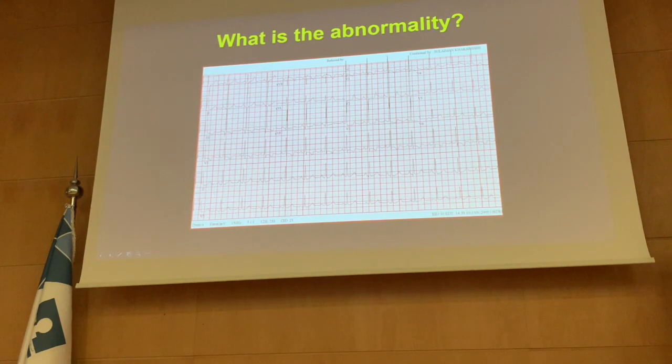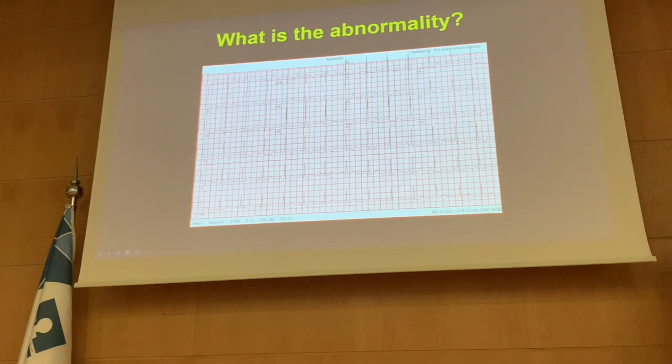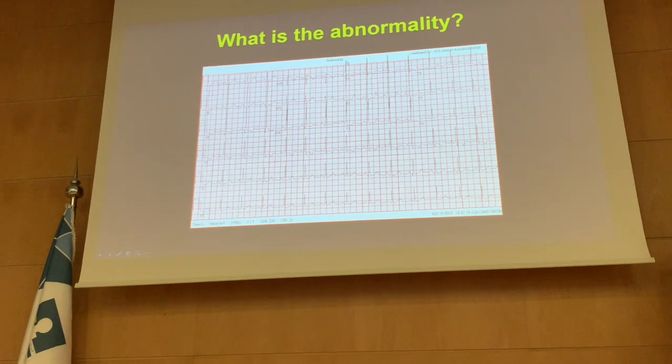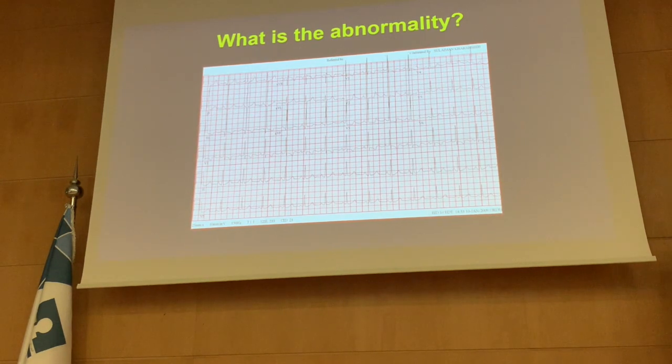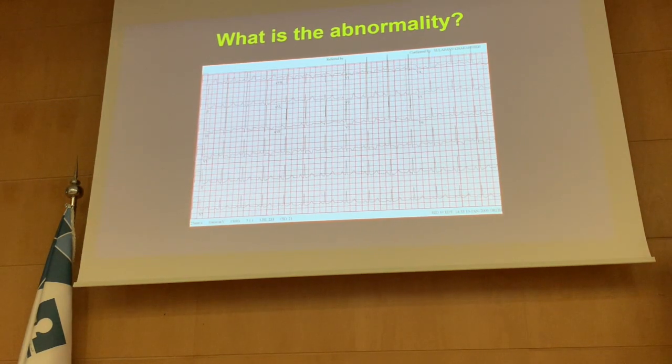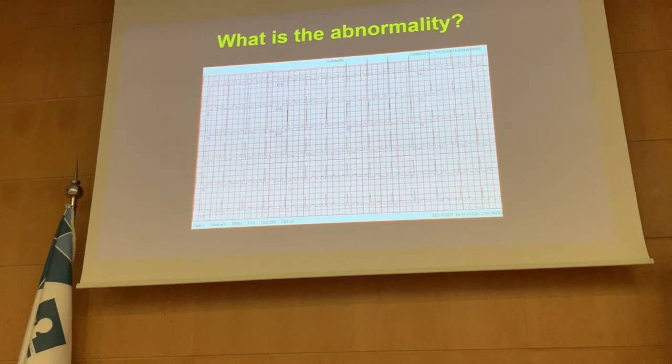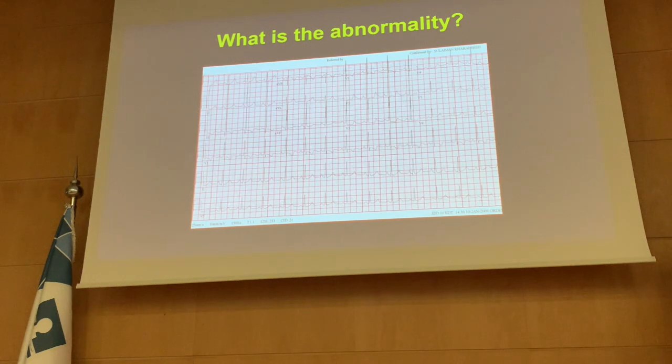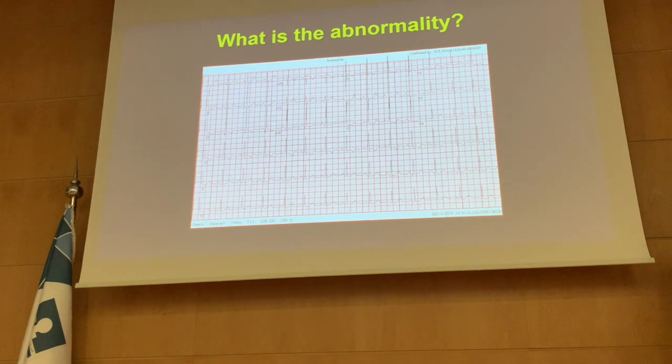Or a problem with the ECG electrode placement, a mistake in the placement of the leads, which misleads. Or right bundle branch block. This one is very important, and it's very, very common.